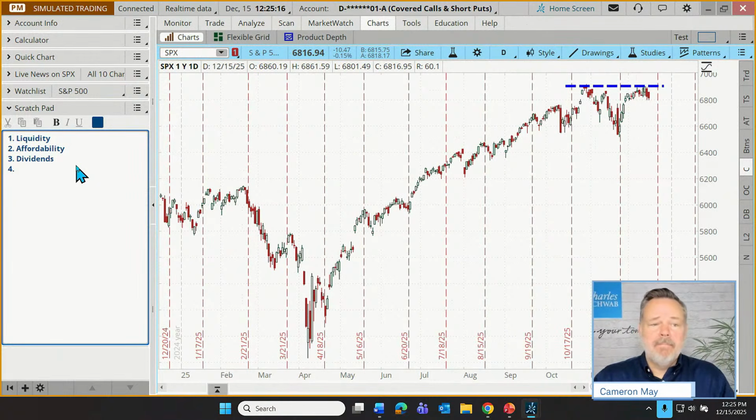And then finally, even if the stock is comparatively liquid, even if it fits the affordability demands for a given portfolio, even if the company is paying or has paid dividends. And by the way, got to throw out this reminder, dividends are not guaranteed. They can be reduced or discontinued at any time.